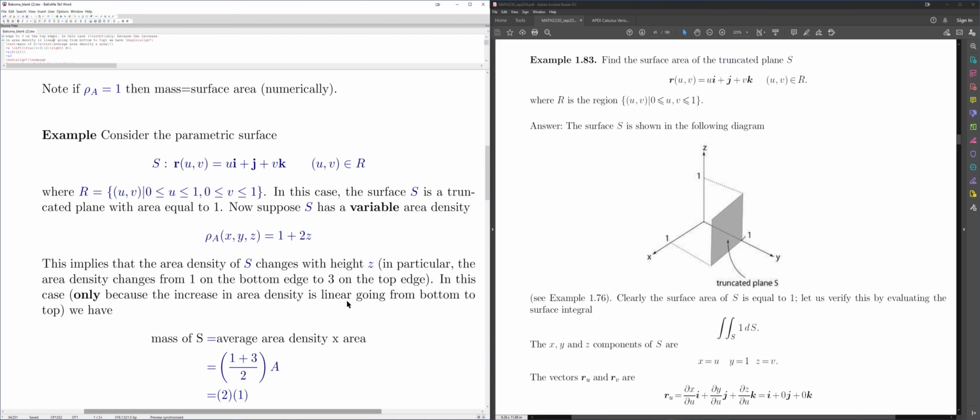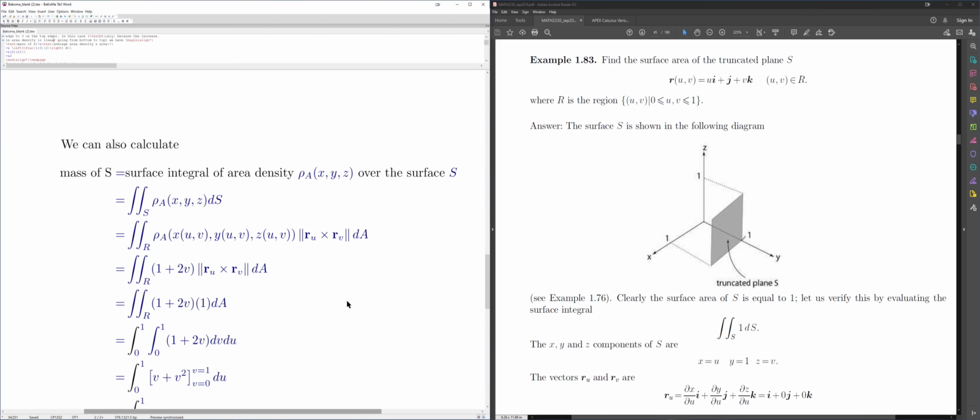So in this function, wherever I see the x, the y, and the z, I replace by the corresponding functions: x is equal to u, y is equal to 1, and z is equal to v. So instead of 1 plus 2z, I'm going to have 1 plus 2v.